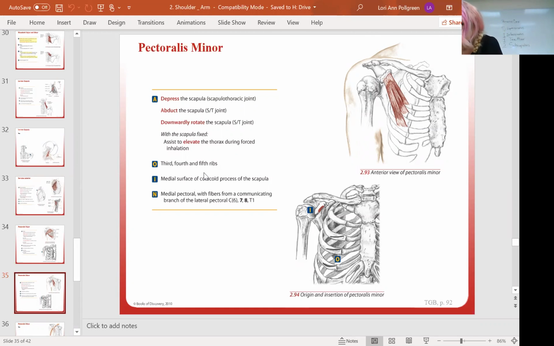A lot of times the pectoralis minor, as well as the upper trap fibers and levator fibers, can impinge the brachial plexus or the axillary artery and vein, and that can cause thoracic outlet syndrome. What is that? Numbness or tingling down the arm, and specifically in the first 3 fingers: thumb, pointer, and middle finger.